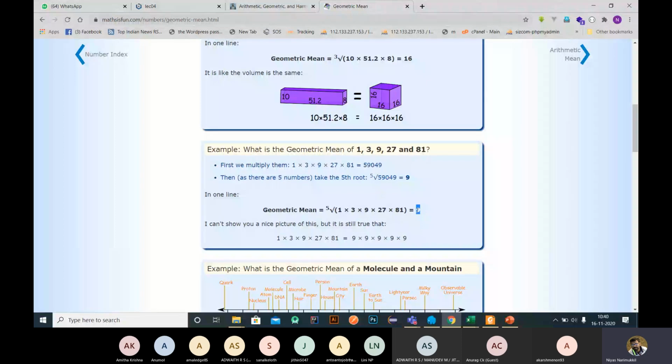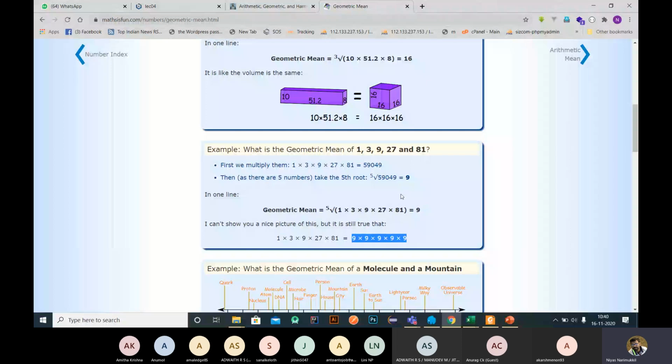If you get the result out of 5 items and multiply the same value 5 times, then our result will be the same, 59049. That is the concept of geometric mean.